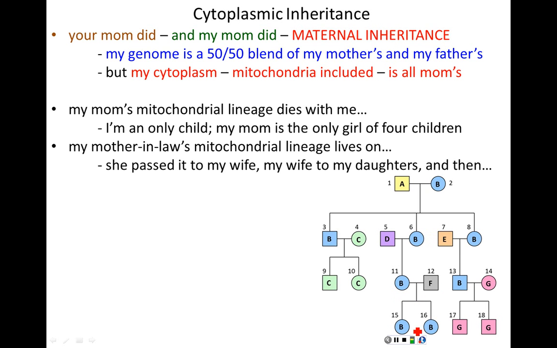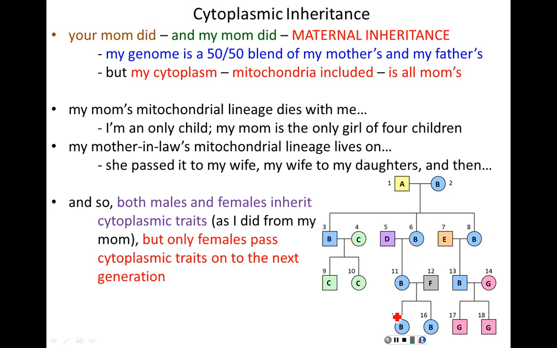We have 2 daughters of our own, and they receive my mother-in-law's mitochondrial DNA, which they will then pass on to their children if they choose to have them. So this is a maternal lineage that lives on. Keep in mind that my mother-in-law's mitochondrial DNA came from her mother. And so those mitochondria are passed on from generation to generation only through the women.